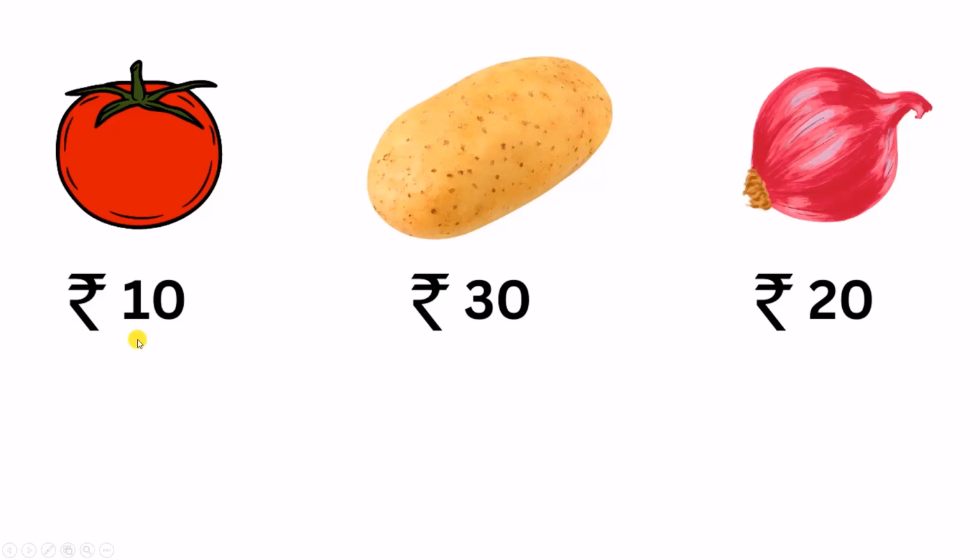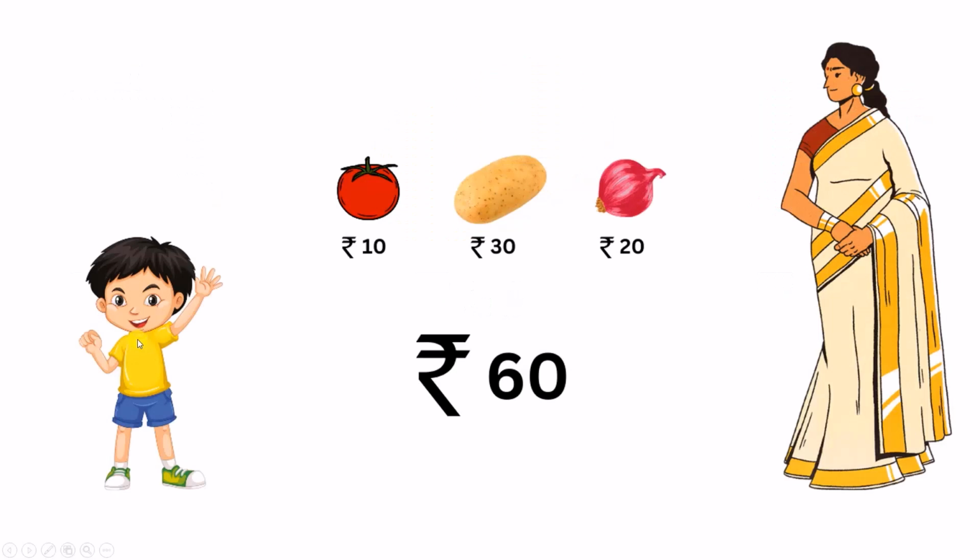Now, you go to your mother and your mother asks you, what is the price of the vegetables that you bought today? Now, you can say tomato costs 10, potato costs 30, onion costs 20, or you can also say it like this.